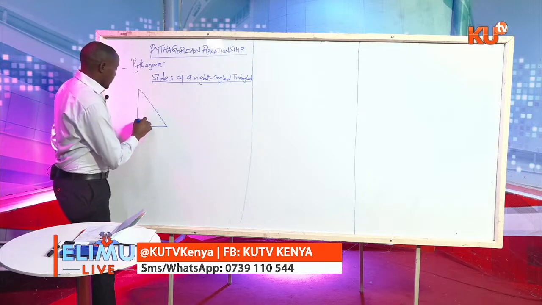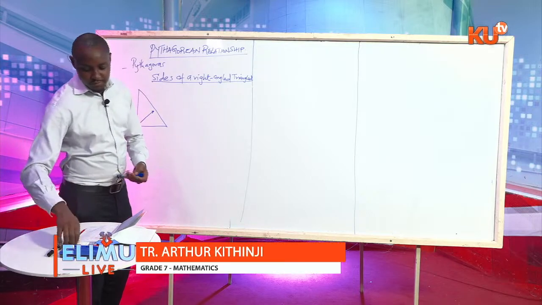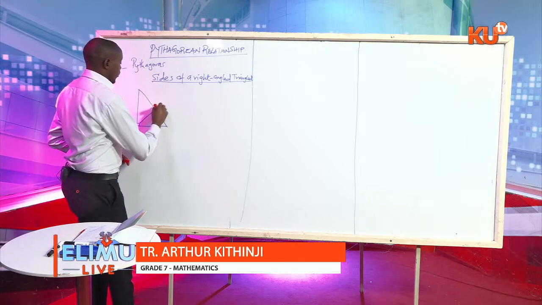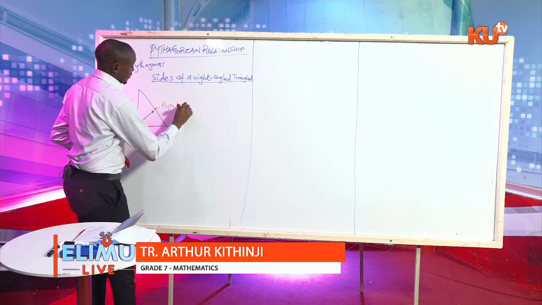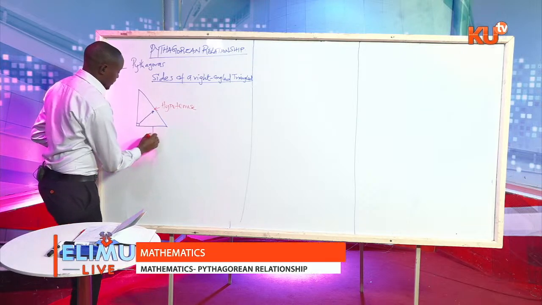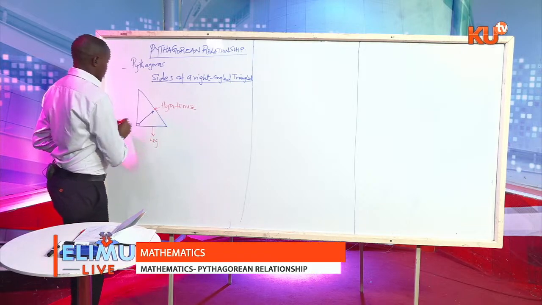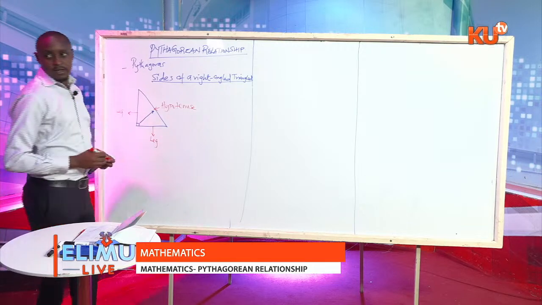The side directly opposite to the right angle is called the hypotenuse. This is called the hypotenuse. Whereas the other two shorter sides are called legs. This is one leg, and this is another leg.